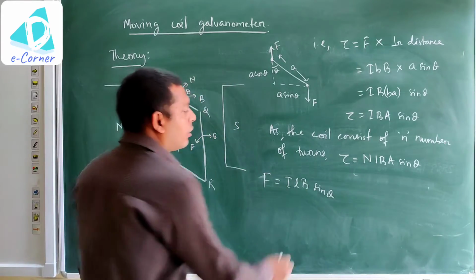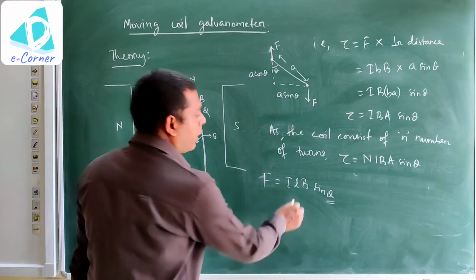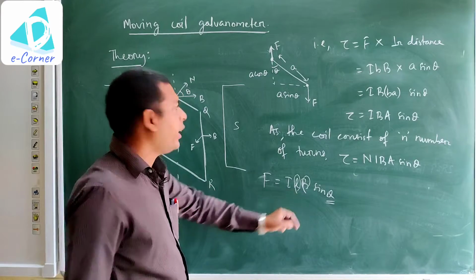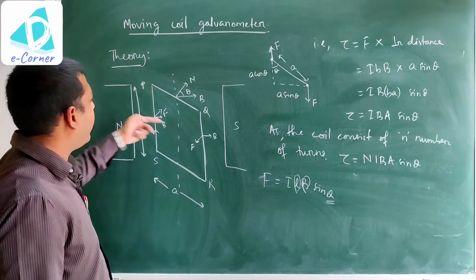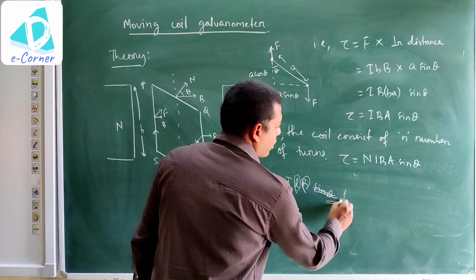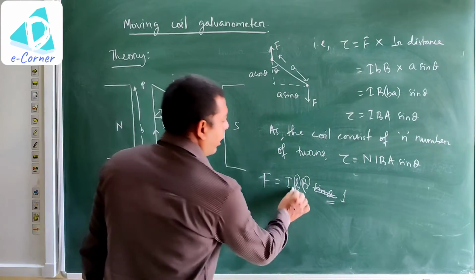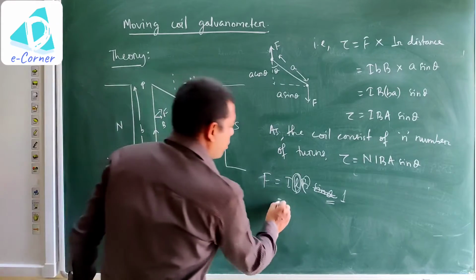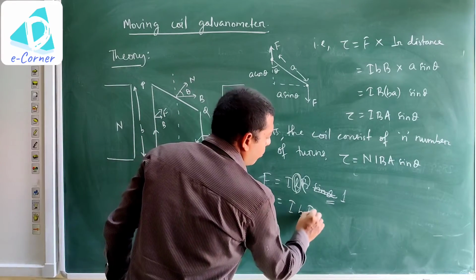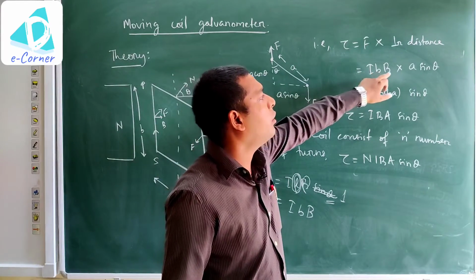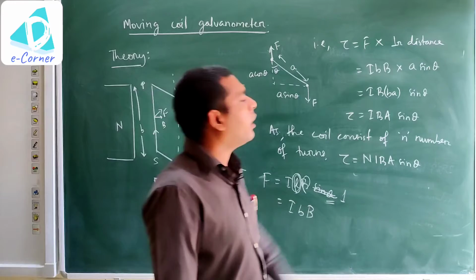Here theta is the angle between the element vector L and the magnetic field B. The element vector and the magnetic field are at 90 degrees, so sin theta is equal to 1. Again, L is the length of the conductor, which is small b. So this is I small b into capital B, this is the force, into the perpendicular distance.